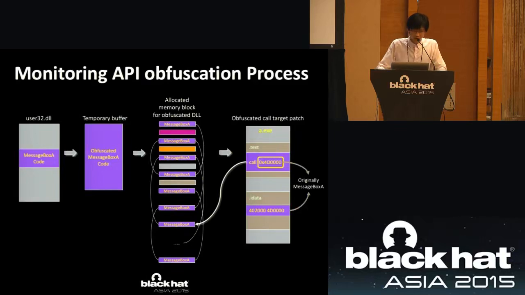And if we look at the memory trace again and again, we can find the API obfuscation process. For example, MessageBox A code is copied to a temporary buffer.